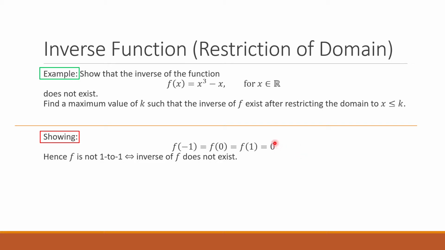I'm just going to show that for the line y equals 0, I have three different inputs that will return the same output. If I sub x equals minus 1, 0, and 1, the output will be 0. It's the same for these three different inputs. So this means that my function is not one-to-one, and therefore the inverse doesn't exist.